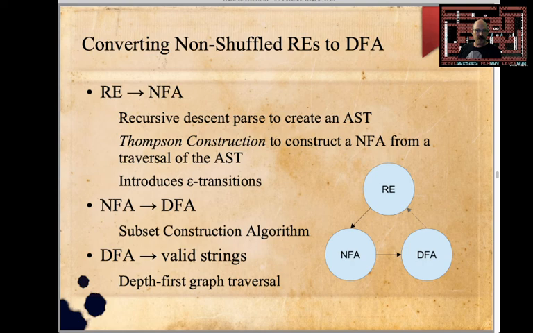Okay, so in that FLAT module, I implemented 15 years ago the ability to convert regular expressions into DFAs. And the way that I did that was simply by implementing the published algorithms that have been well known for some time. Going from RE to NFA, regular expression to NFA, you would parse the regular expression and create an abstract syntax tree, and then you would perform what's called Thompson's construction, which is a traversal over this abstract syntax tree.